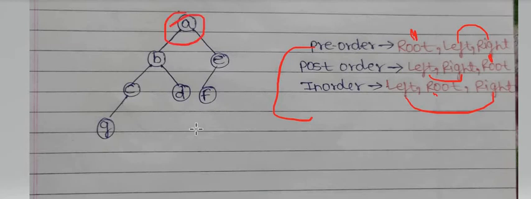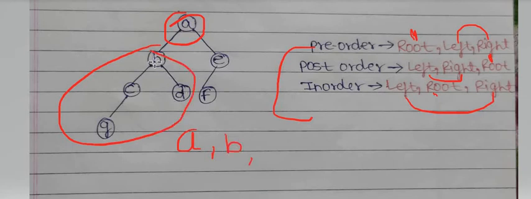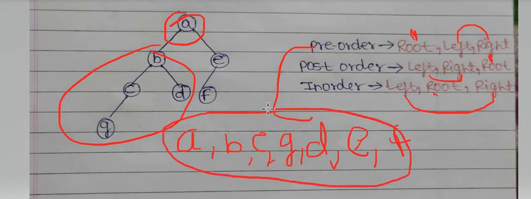So this is the root, A. Then we go to the left subtree, where this is the root, B. After that, in the left subtree of B we have C and G. After C and G, the right subtree of B, that is D. Then we come to the right of the root node, that is E and F. So A, B, C, G, D, E, F is the pre-order traversal of this tree.